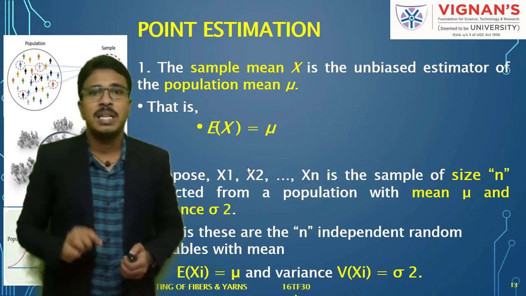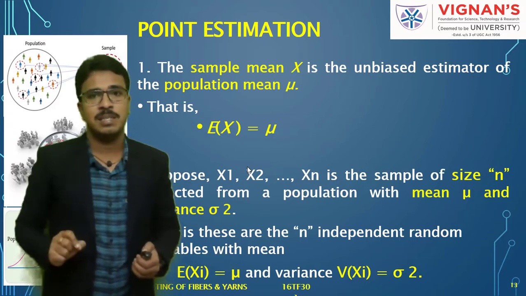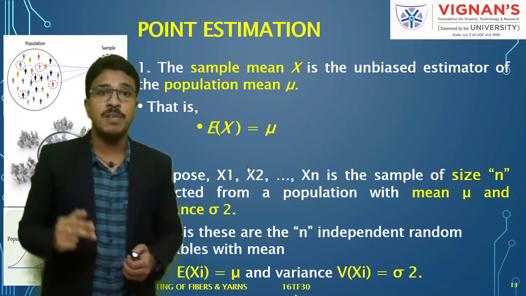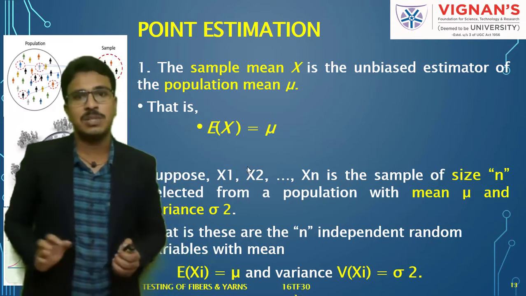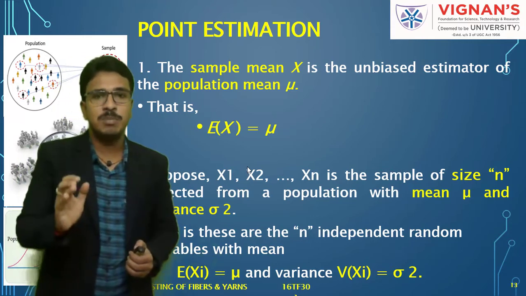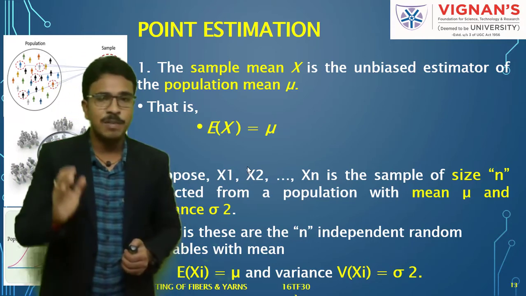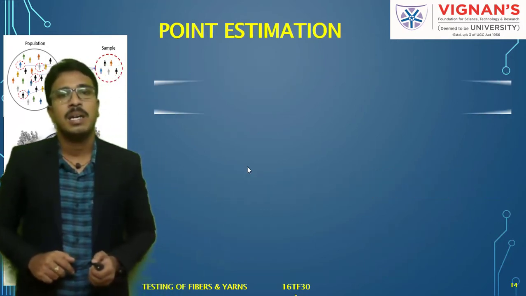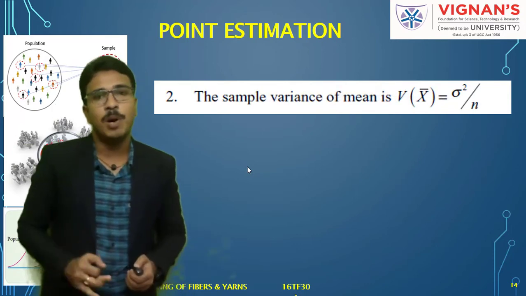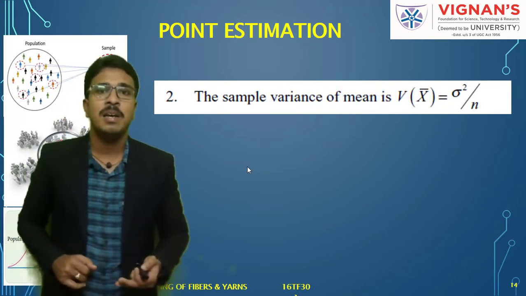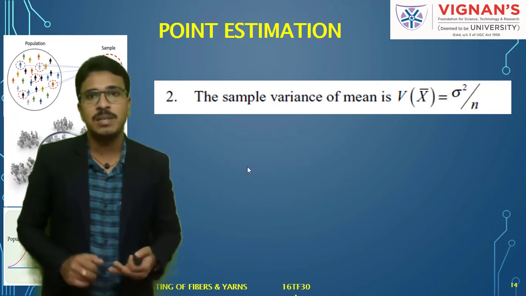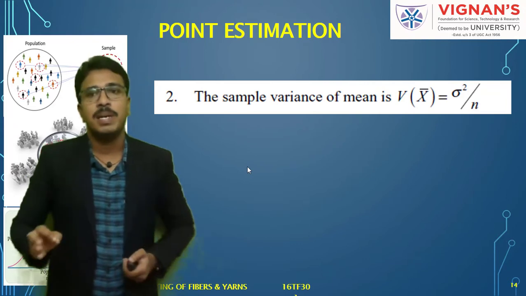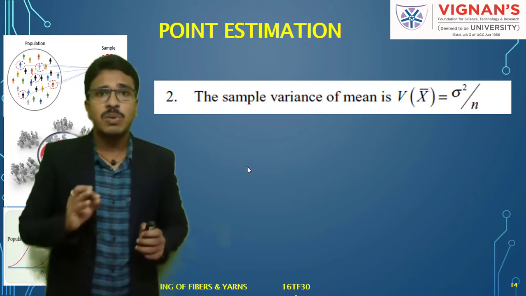In the same way, the sample variance V of x bar is related to the population variance sigma square. So E of xi is equal to mu, and the variance V of xi is equal to sigma square. Now in the same way, for this population, the variance of the sample mean, which we represent with V of x bar, is equal to sigma square by n. This is the formula: sigma square by n.